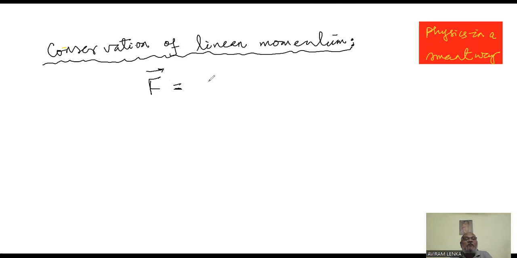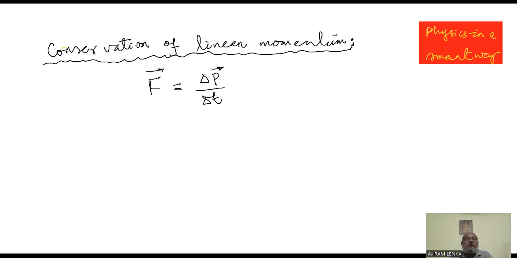will be equal to rate of change of momentum. I'm writing rate of change of momentum like this. Or we may keep it as it is.